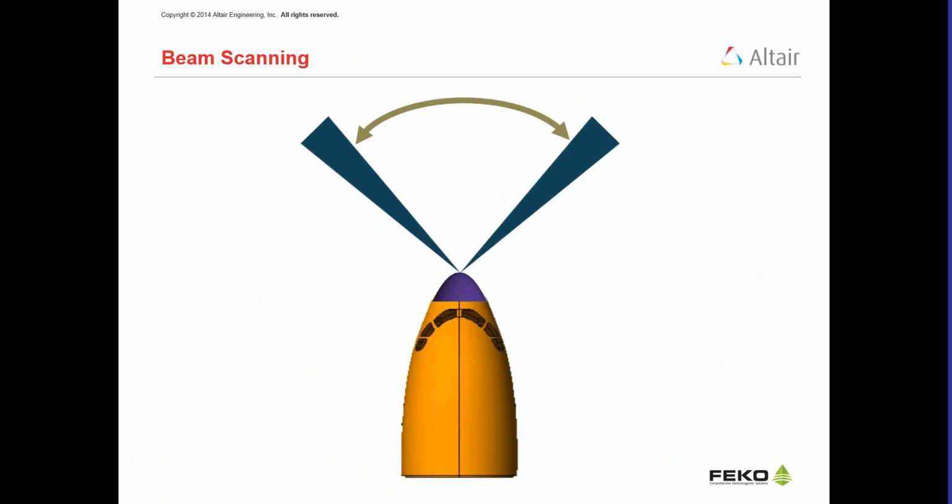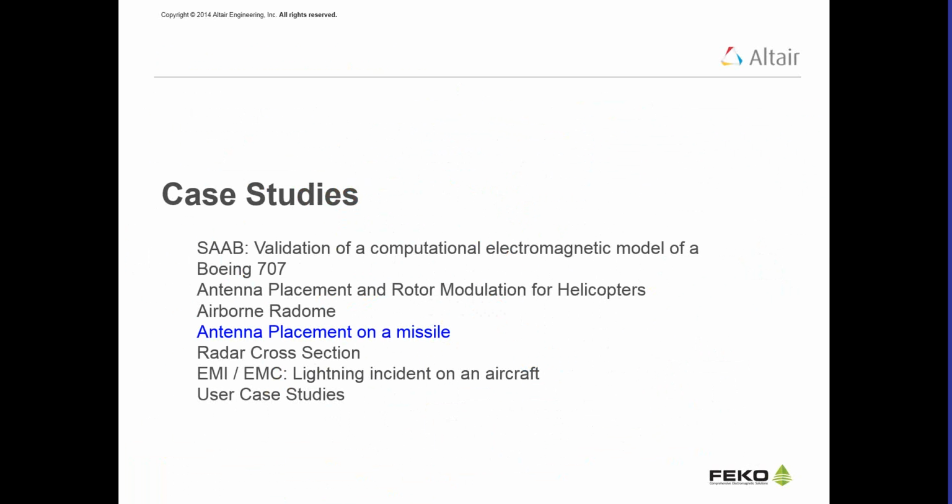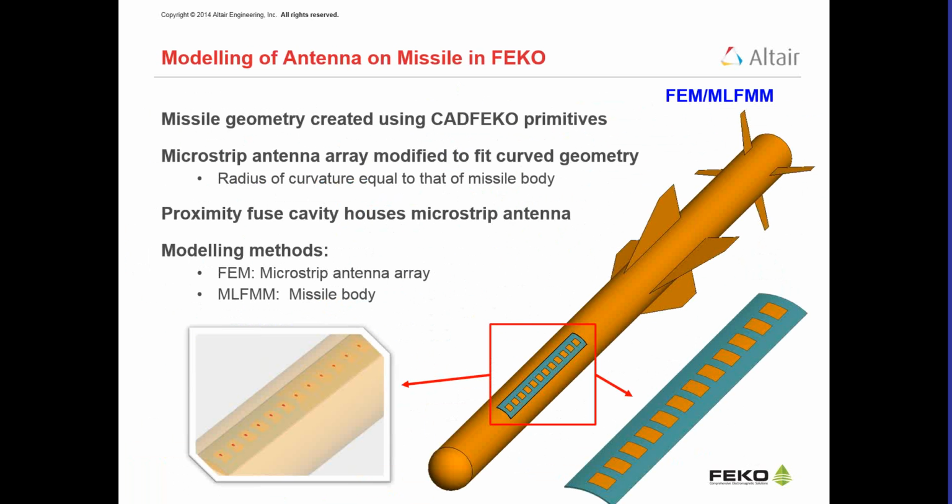So moving on, we also can do a conformal antenna design on a missile. And for this case, we use a 12-element microstrip array that's conformal to the surface of the missile. And we use the FEM technique for that. And in FEKO, we offer FEM hybridized with MLFMM.